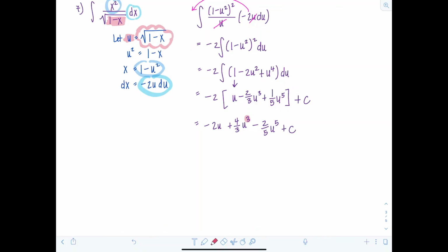And since I'm going to cube it and raise it to the 5th power, I'm just going to leave it to the 1/2 power. So I'll have negative 2 times (1 minus x) to the 1/2 plus 4/3 u cubed, which would be (1 minus x) to the 3/2, minus 2/5 times (1 minus x) to the 5/2 plus c.